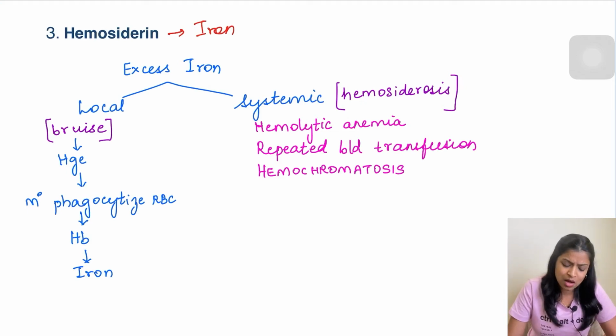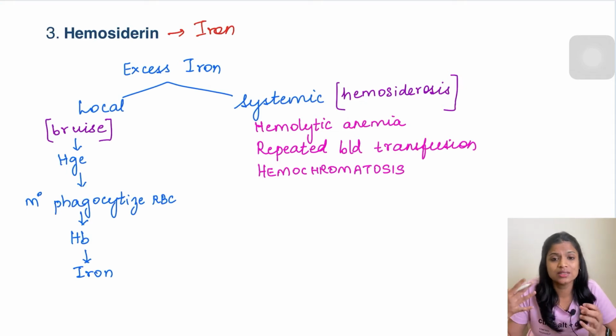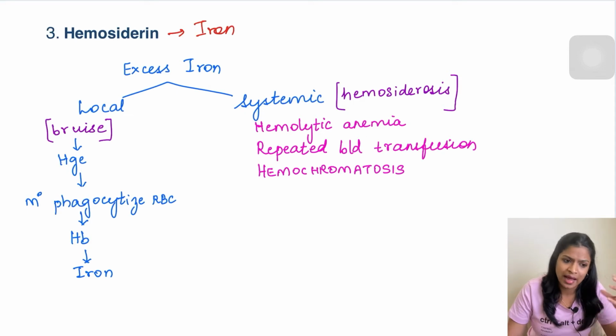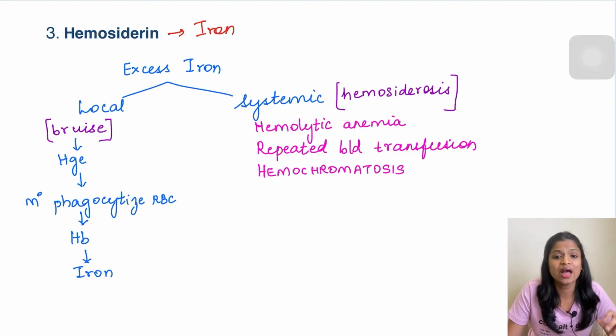But whenever there is a pathological systemic increase in iron, that is called hemosiderosis. Therein the iron again gets deposited at various tissues. So what are the causes of this hemosiderosis? Firstly, we have hemolytic anemia.